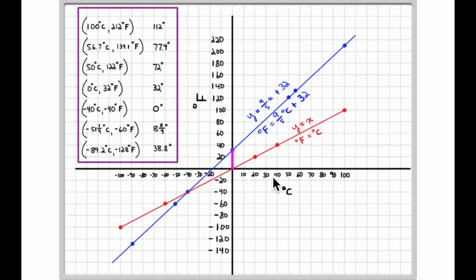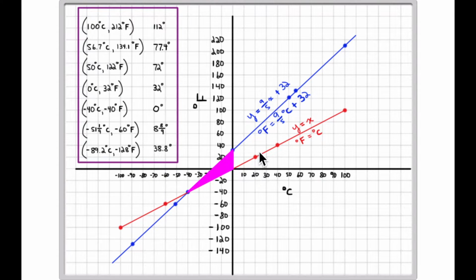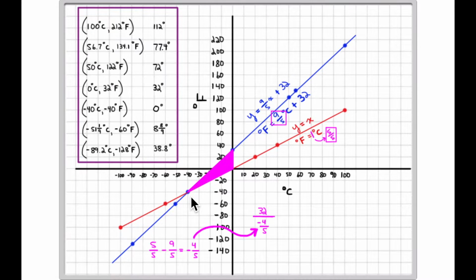So what's happening is, if you look at the difference in the y-intercepts, that's 32 degrees, and look at the difference in the slope, that gap closes and eventually intersects at -40, -40.